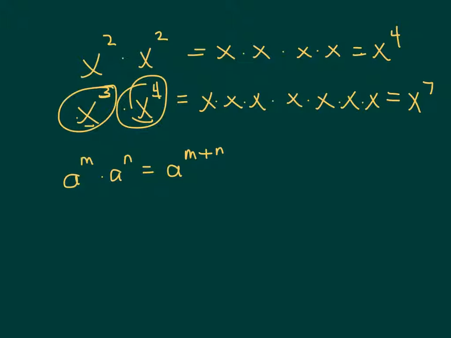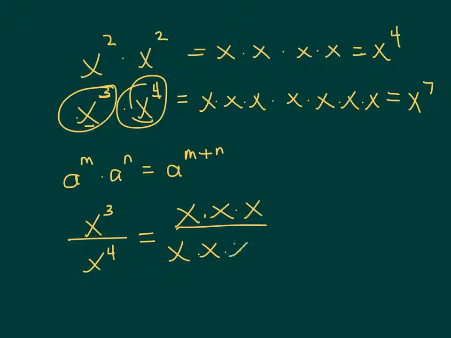Now we can also look at the division rule where we have x to the third divided by x to the fourth. And when we do that, we'll notice that we have x times x times x in the numerator, x times x times x times x in the denominator. And knowing that we can divide out factors, x divided by x is 1, x divided by x is 1, and x divided by x is 1, that leaves us with 1 divided by x.